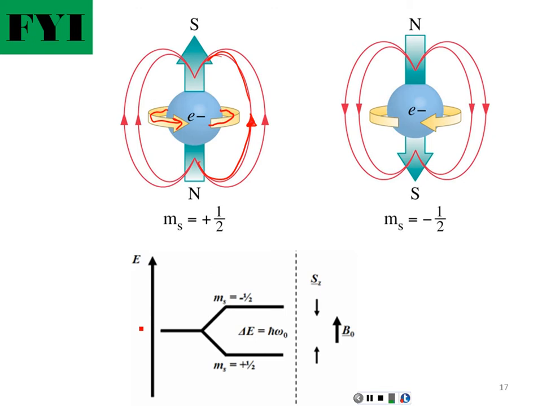And if we visualize the two spin states, we can call them up and down. In the absence of a magnetic field, they have the same energy.